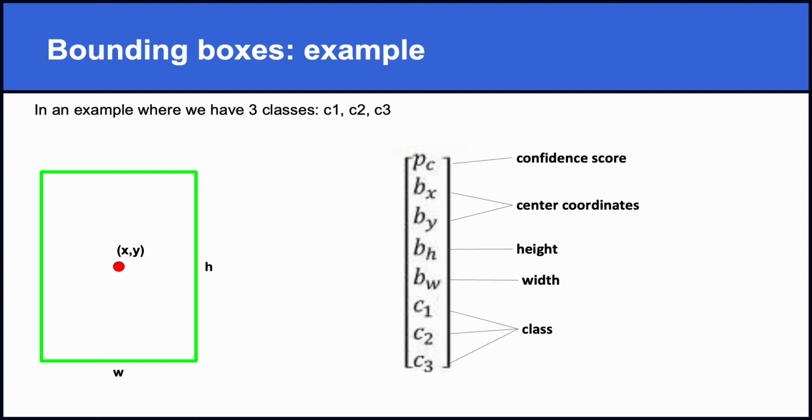BH and BW are the height and the width of the bounding box, and C1, C2, and C3 vary according to the number of classes. We could have 5 classes, and in here it is an example where we have 3 classes. If the last 3 values are 0, 1, 0, that means our model detected that this object belongs to class number 2. And if it was 1, 0, 0, so C1 is at 1, that would mean that this object belongs to class number 1.